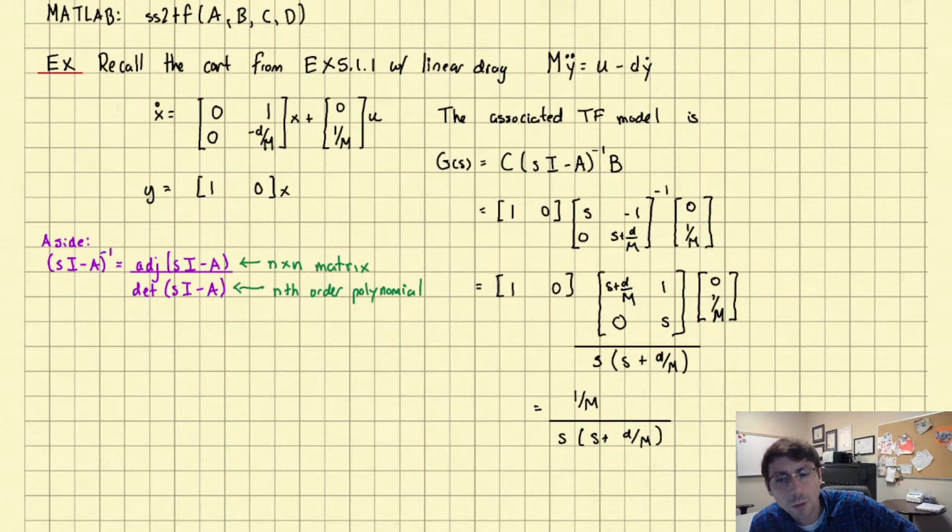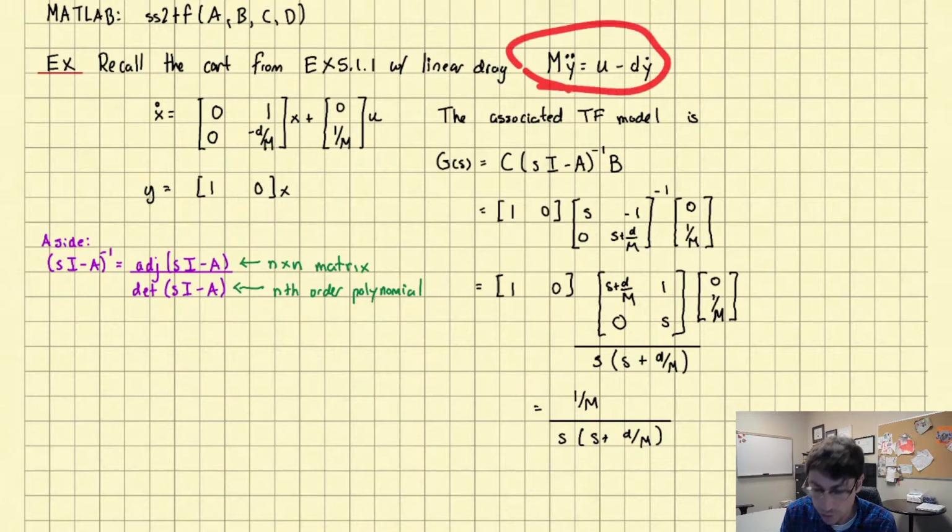Okay. So why do we do it this way? Why didn't I just do it this way? Well, there were two reasons why in this example I didn't. One, I wanted to illustrate the calculations. And two, when you do linearization, you're not going to get an equation like this, generally speaking. You're going to get a state space model. And so you want to go from state space to transfer function.